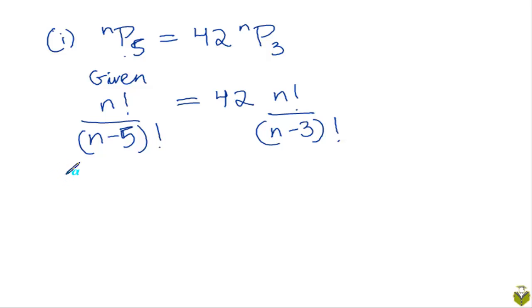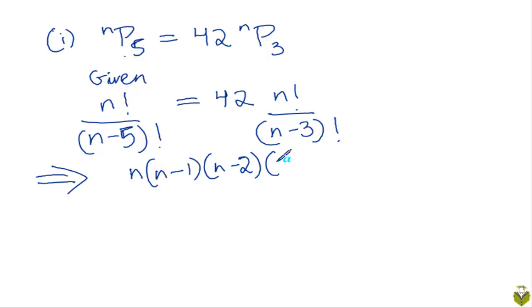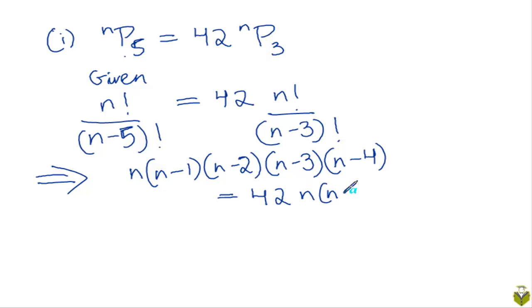And then generally when we go on to the next steps for this equation, we use this implies sign. So from this it implies that n into (n minus 1) into (n minus 2) into (n minus 3) into (n minus 4) is equal to 42 times n into (n minus 1) into (n minus 2).